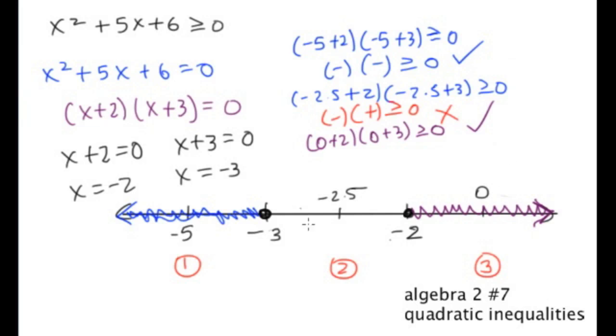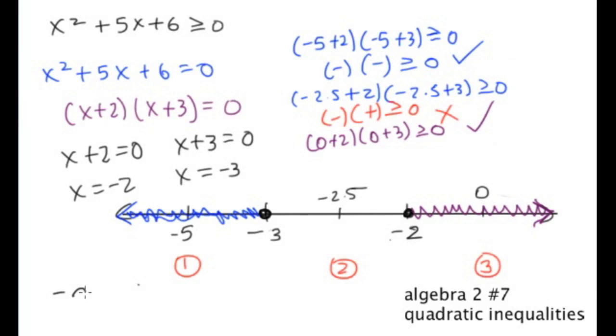An interesting thing to note is that if section 1 is part of the solution, then section 3 will also always be part of the solution, and section 2 will always not be. If only section 2 is part of the solution, then 1 and 3 will always not be. So it's either 1 and 3 or just 2. So now we have our answer to our quadratic inequality. Let's write it in set notation.